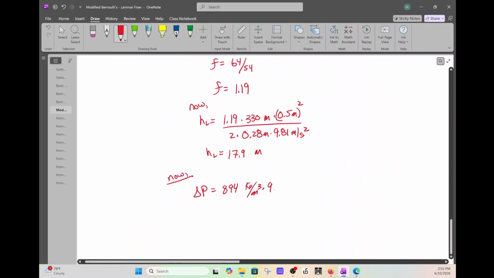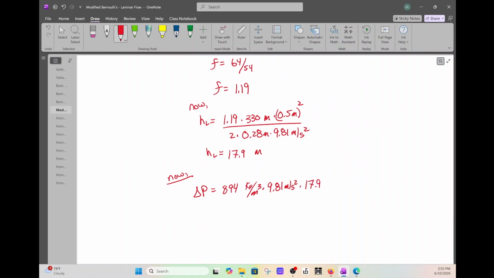Rho g, 9.81 meters per second squared times 17.9 meters. Delta P is 157 kilopascals. So that is P1 minus P2. Okay, so that's the change in pressure to keep this flow moving at constant speed because of friction.